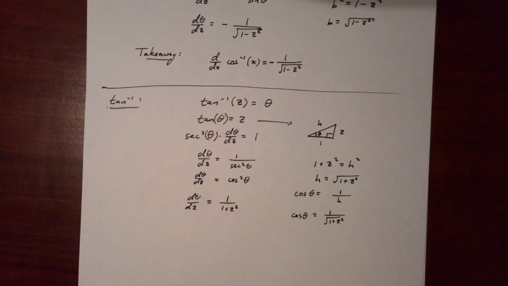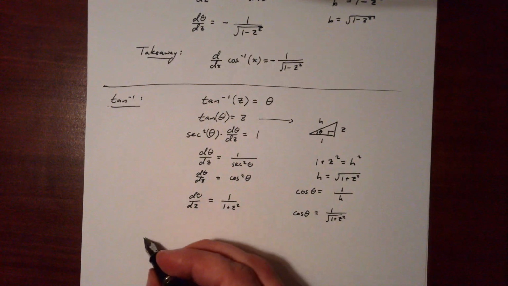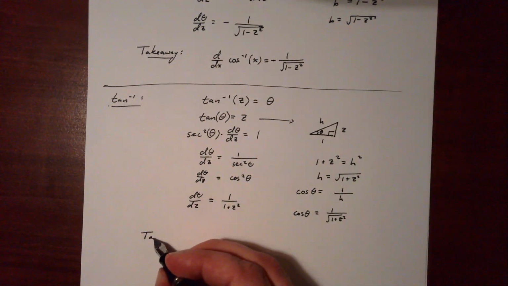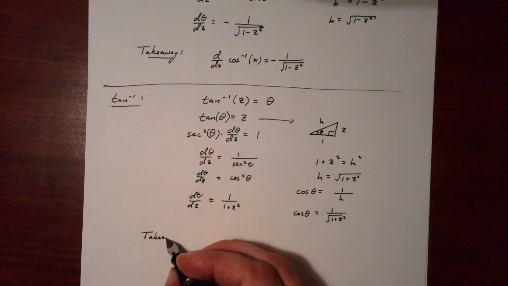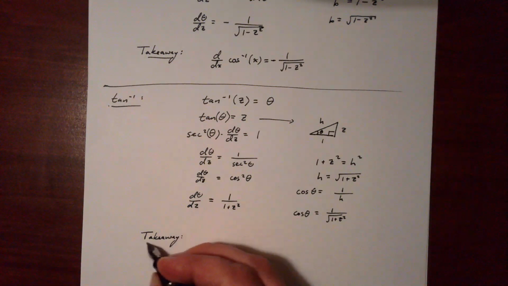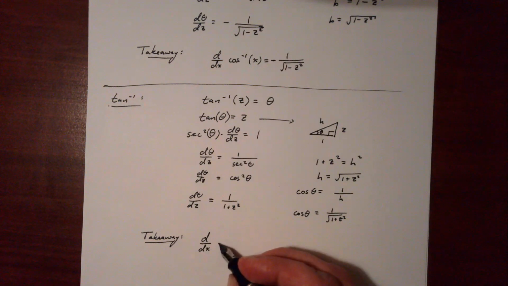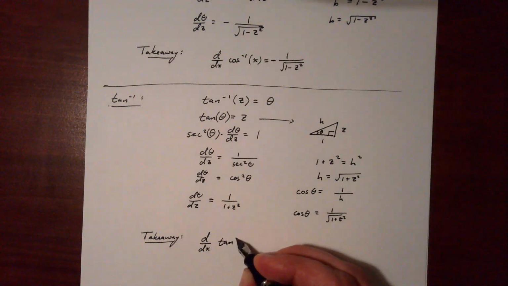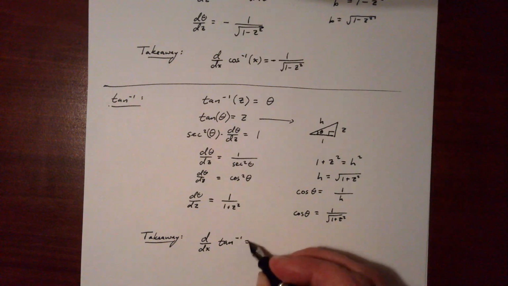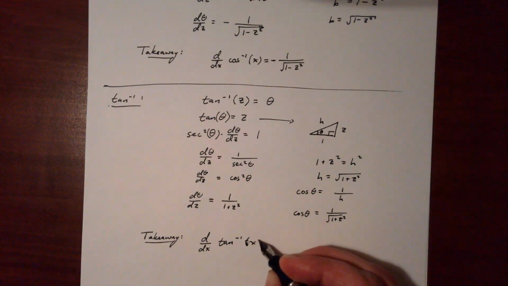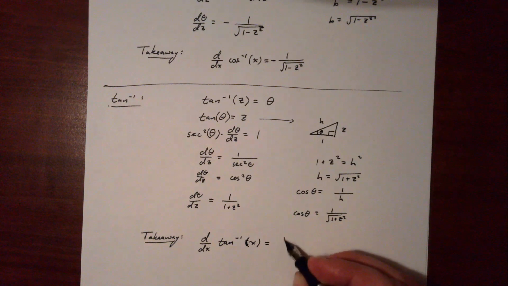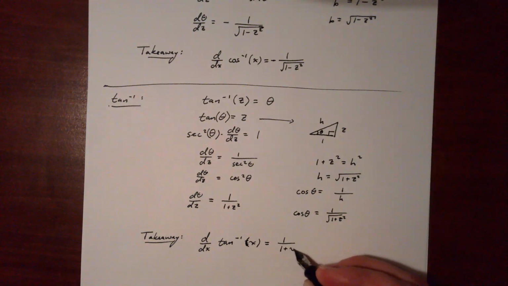So the takeaway here, once again, we can just sum it up as a formula. The derivative, now we'll default back to our generic input of x, of tangent inverse of x is equal to 1 over 1 plus x squared.